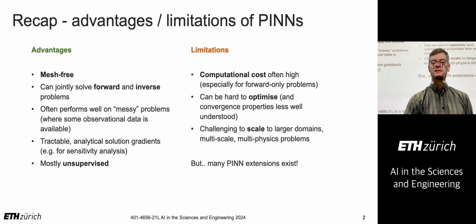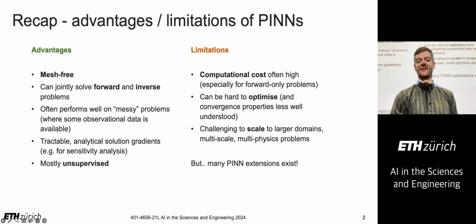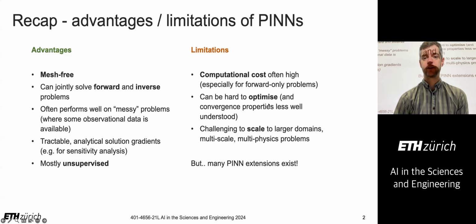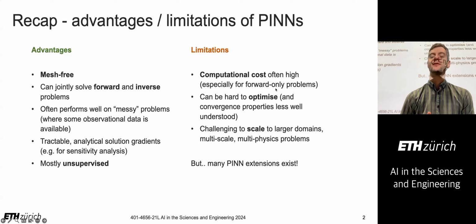And often that's not the case. And coupled to that, it can be very difficult to scale PINNs to more complex, maybe multi-physics or multi-scale problems. And so we talked a lot last lecture about the first one: how do we improve the computational costs of PINNs? Can we speed up how they train, or perhaps whether they can learn across problems so they don't have to be retrained for each solution?